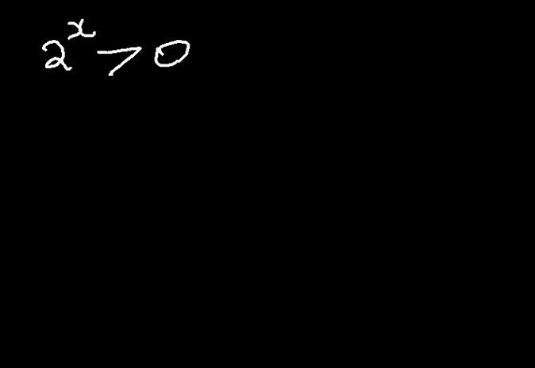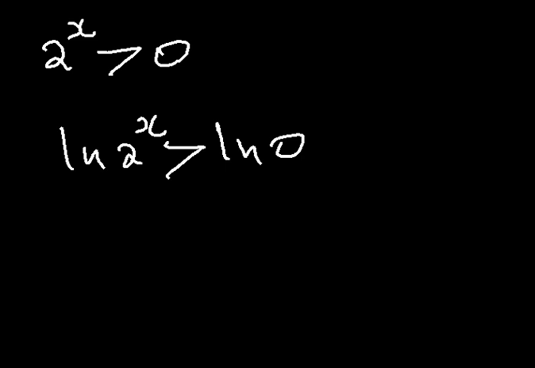So now, how should we have the solution for this? You should understand that in this case, we'll have to introduce ln both sides. We'll have ln 2 to the power x greater than, let's say, ln 0 in that way.